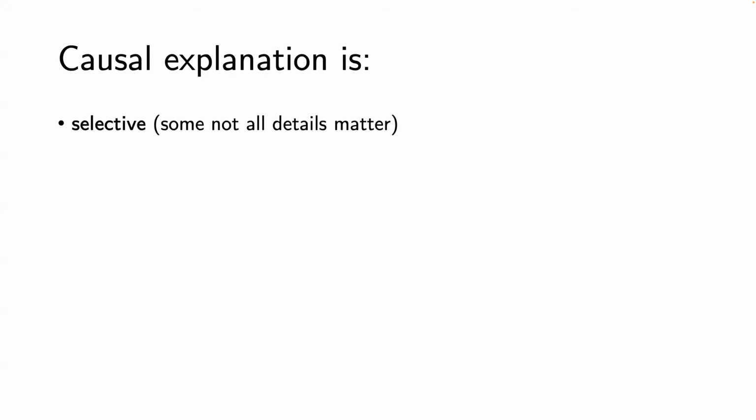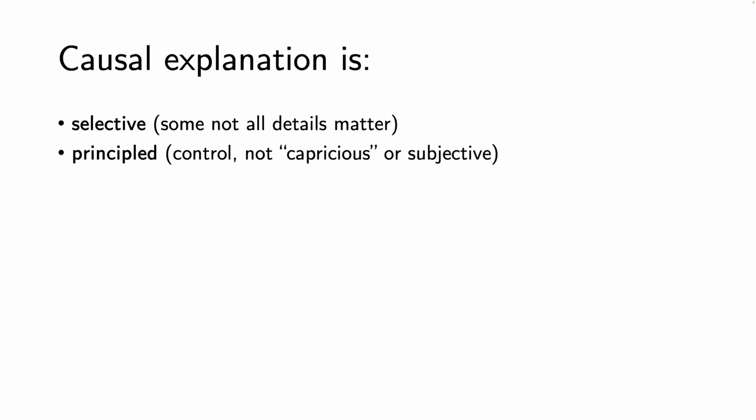Explanations are very selective. They're also principled. There are rigorous principles that guide what types of factors are explanatory. This isn't an overly subjective or capricious project where they're making random decisions. I've mentioned control is a key feature here in understanding these principles.